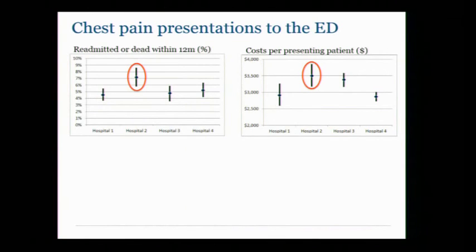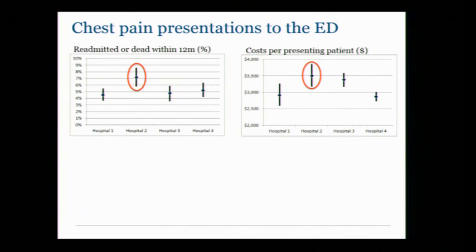Just a very quick example, which some of you may have seen before. This is some work we did looking at chest pain presentations across South Australia. Again, it's a population-based study of all presentations to an emergency department with chest pain, and we've got our four main South Australian hospitals here.